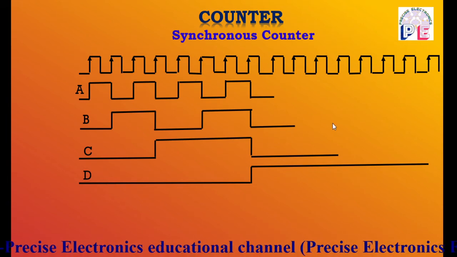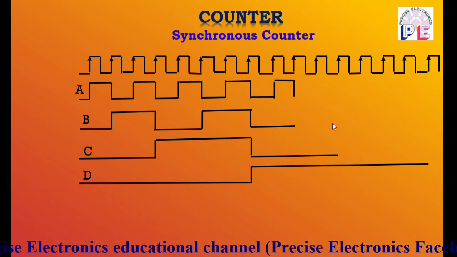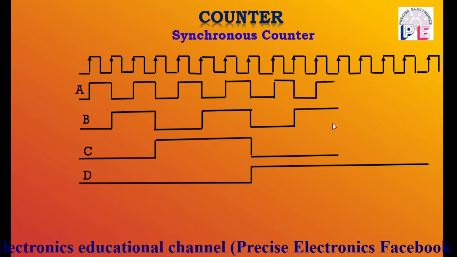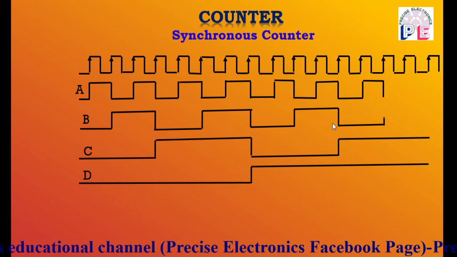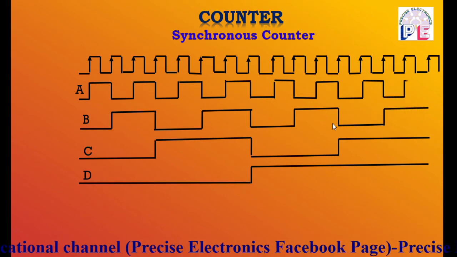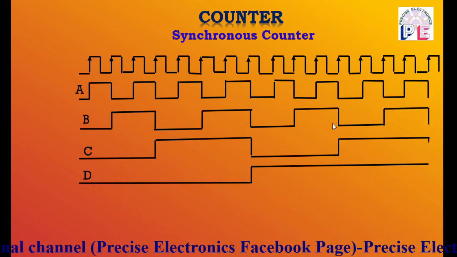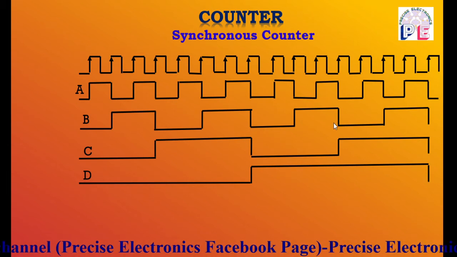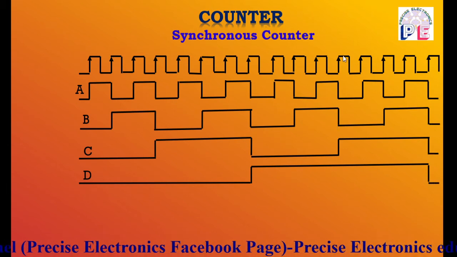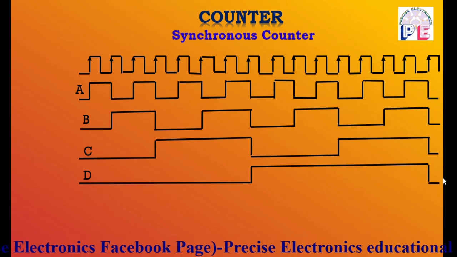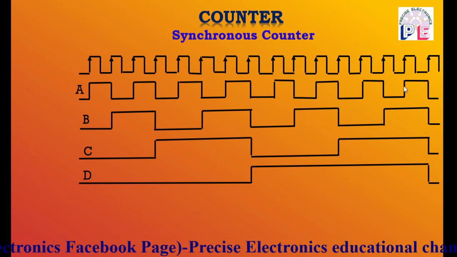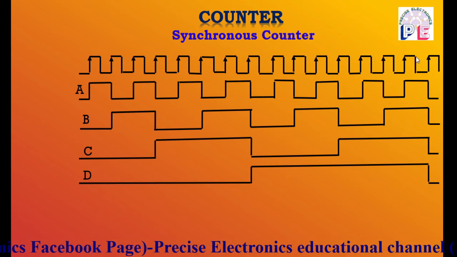So this process continues, and at the 16th clock pulse, A changes state from 1 to 0, B also changes from 1 to 0, C also changes from 1 to 0, and D also changes from 1 to 0, because once again A, B and C, all three flip-flops, are in set mode. Therefore, the J, K inputs of the fourth flip-flop, that is the D flip-flop, are connected to high logic.